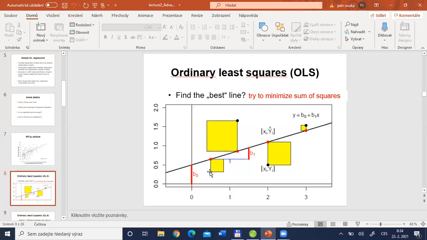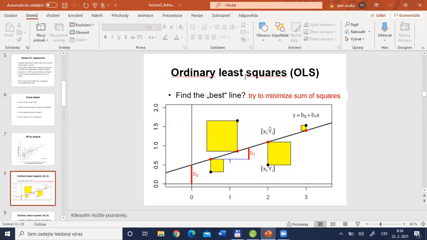So I would take the residual squared, I would take these squares, the first one, second one, the third one, and the last one, and I would sum up these squares, or sum up squares of residuals. So this line follows the property that for this line, and only for this line, the sum of these squares is the minimum.